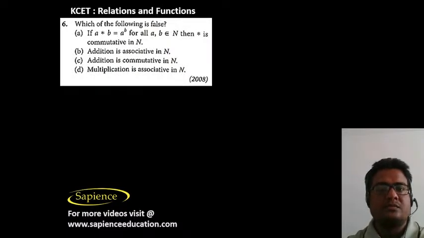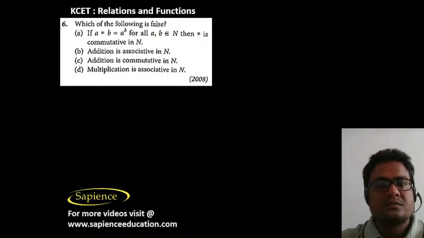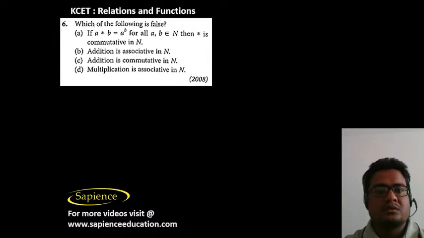Which of the following is false? So if a star b is equal to a raised to the power b for all a, b belonging to the set N, then star is commutative in N. No, it is not so. Since, why?